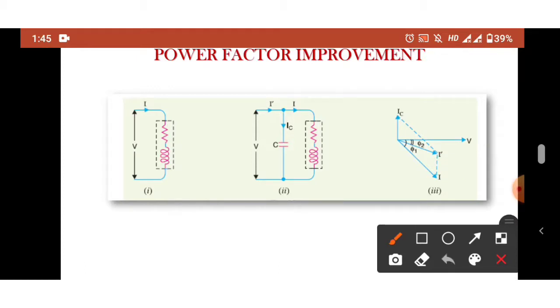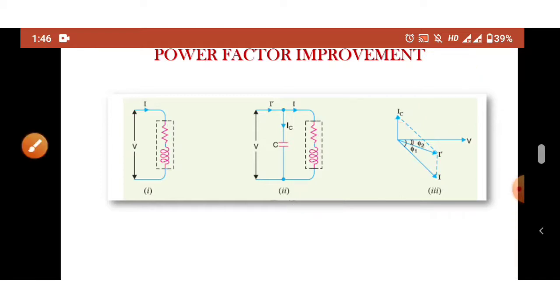In case of a pure capacitor, current IC leads voltage by an angle of 90 degrees. So from this second figure we know that I dash, the net current, is the phasor sum of capacitor current IC and the load current I. So we have to draw this net current in this phasor diagram. How will we draw this?